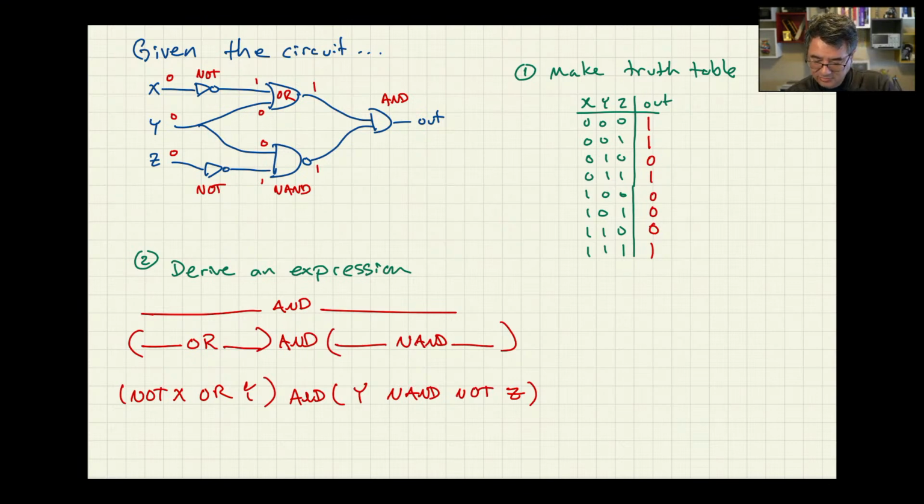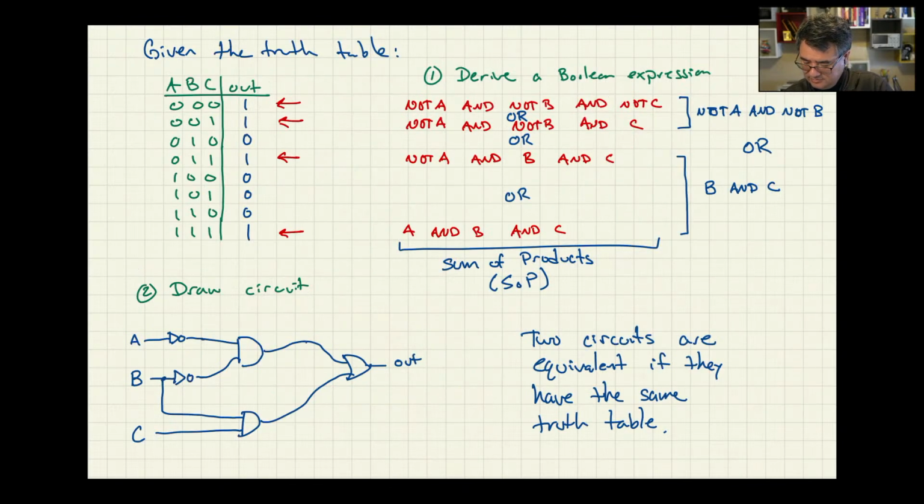So you're talking about this one or this one here? This one over here. I'm a little confused. You're saying the truth table is not correct.